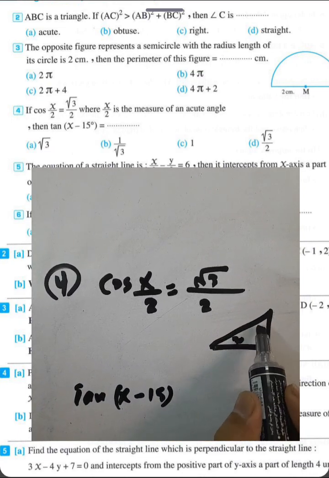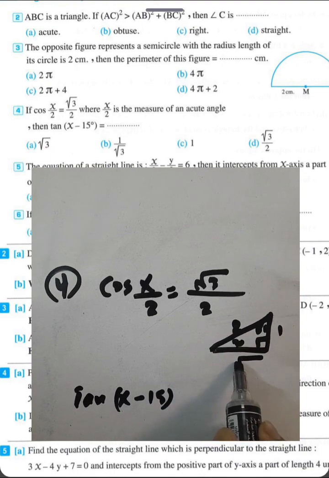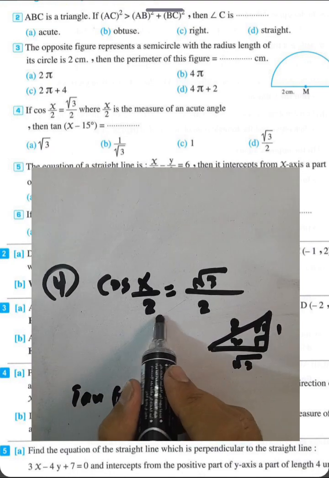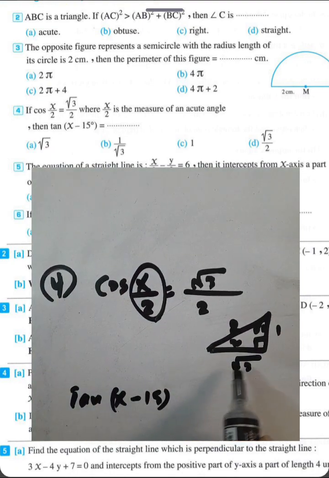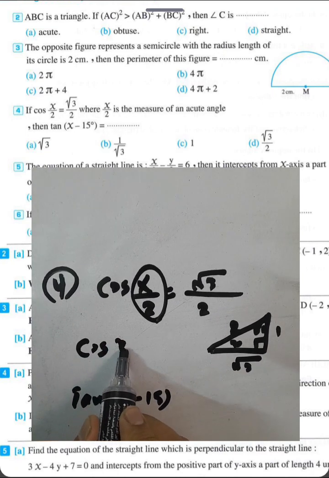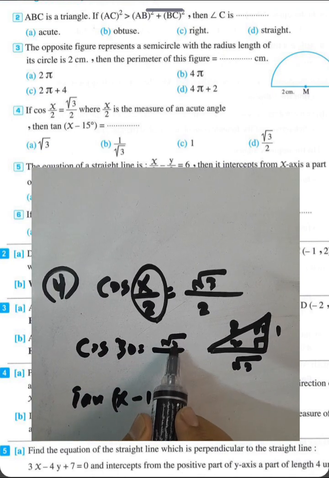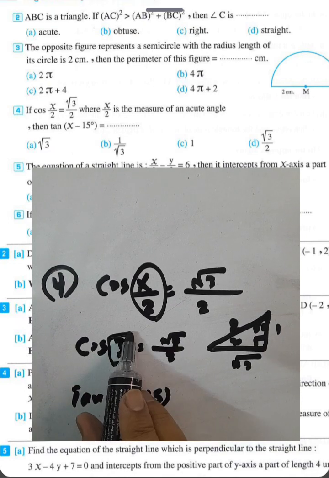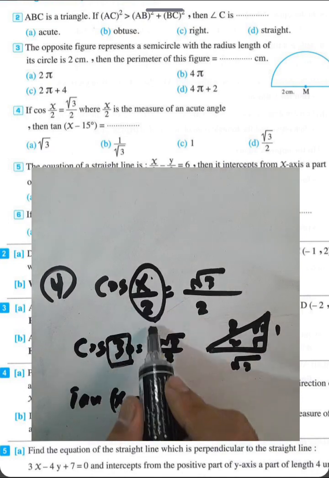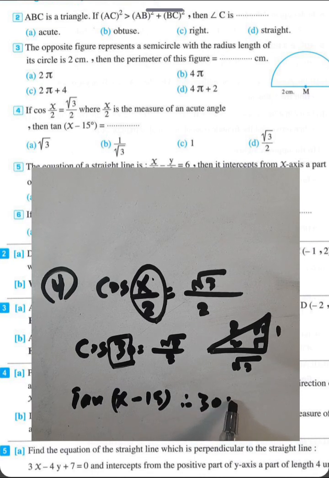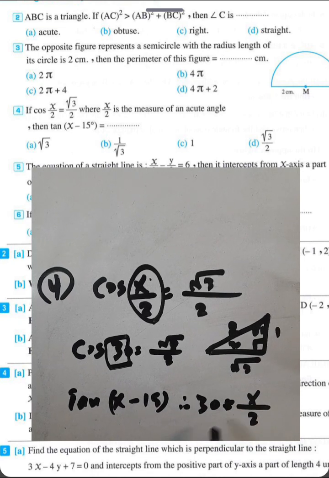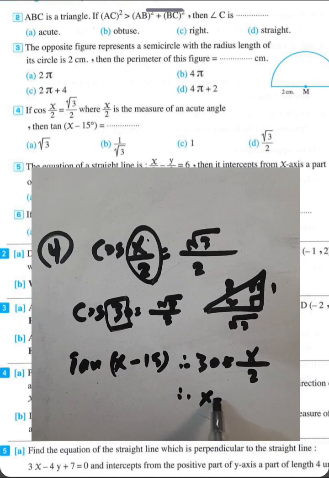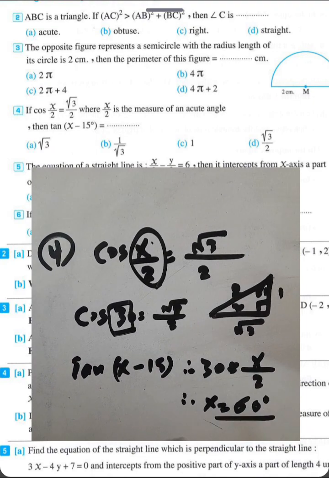We have 30 and 60 and 1 and 2 and root 3. And cosine what equals root 3 over 2? Cosine 30. We know cosine 30 equals root 3 over 2. Okay, then 30 will be equal to x over 2. Then the value of x will be 2 times 30, which is 60 degrees.